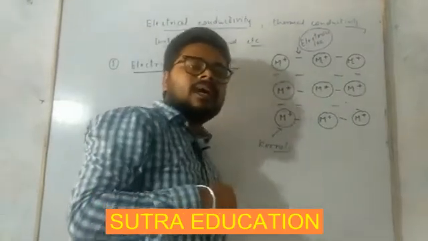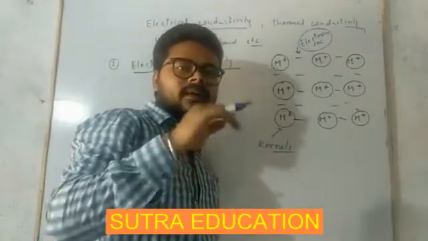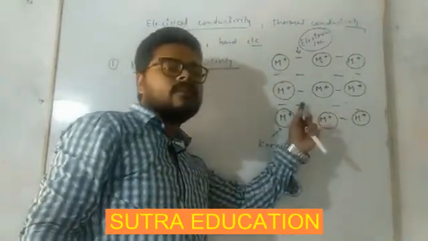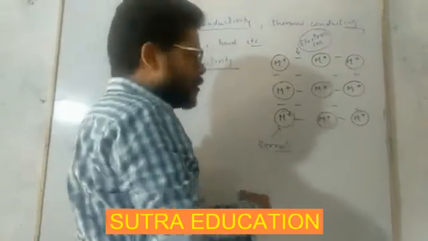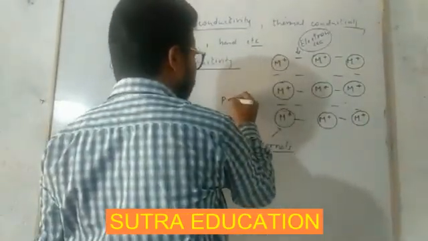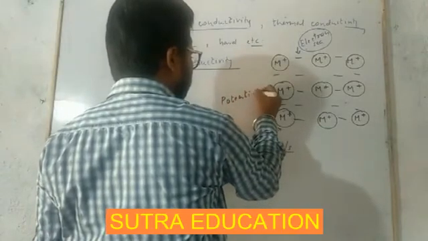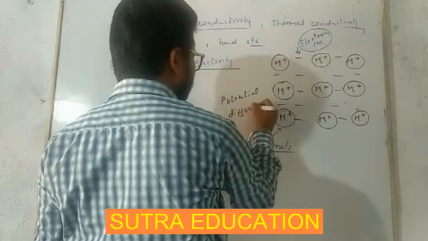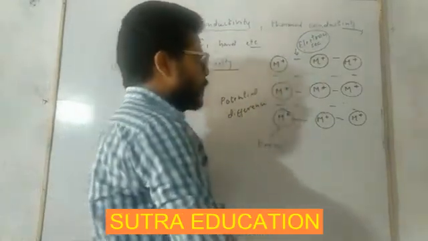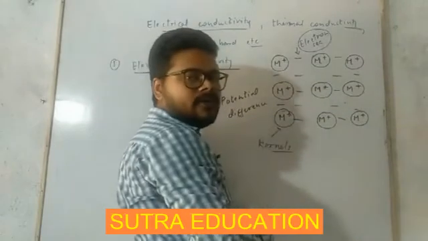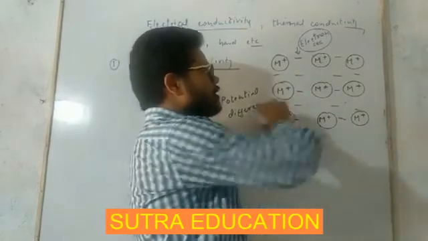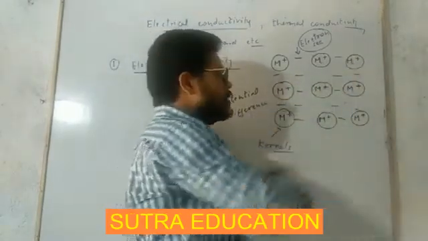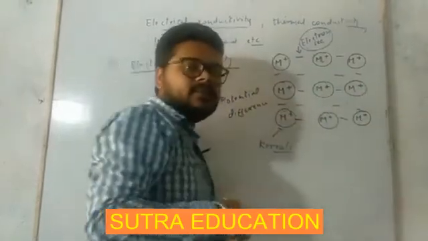So we are going to explain electrical conductivity on the basis of electron sea theory or electron gas theory. What happens as an electric field or potential difference is applied, these electrons which are randomly moving start moving in a well defined direction.